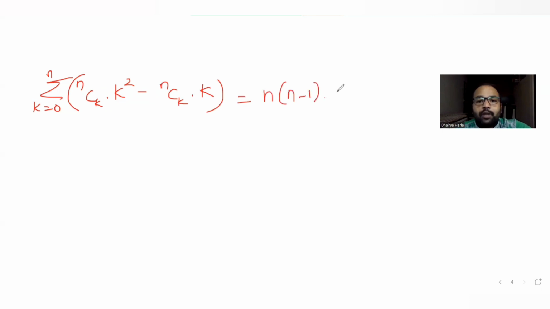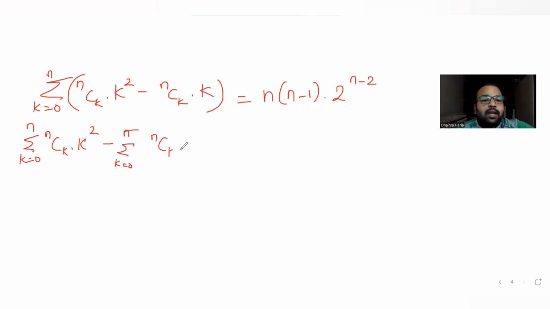Now if I separate this summation, summation k equals 0 to n, nCk into k square minus summation k equals 0 to n, nCk into k, that's equal to n into n minus 1 into 2 raised to n minus 2.